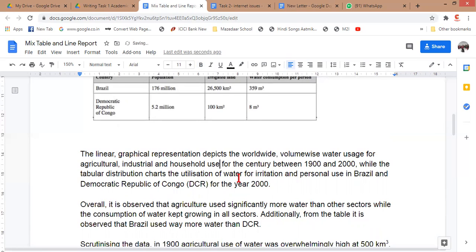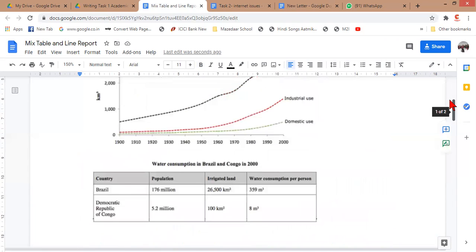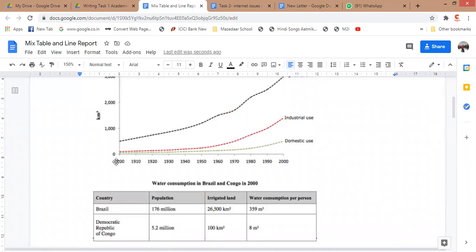Sorry, for the century. Why did I say century? From 1900 to 2000. That's why. Very good. They cover 100 years. What do you call this, from 1900 to 2000? Decade, correct.